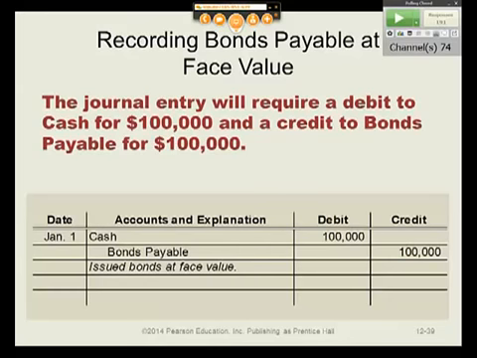So you have 10 interest periods. Interest is paid twice per year. So you're going to be collecting $4,500 every 6 months. And the corporation will have to pay $4,500 every 6 months.